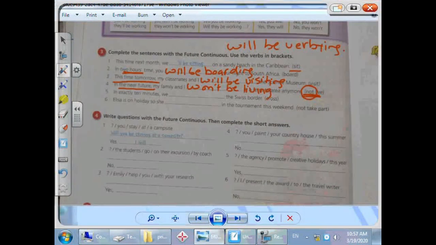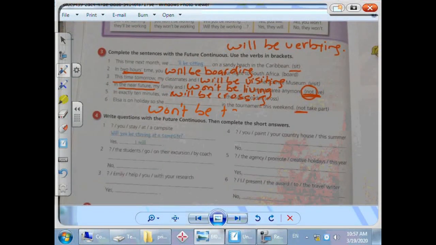The Swiss border, excellent, will be crossing. Okay, Elsa is on holiday, so she, and we have here not. Excellent, won't be, and here it ends with E. Very good, we will cross it out, taking heart. Very good.